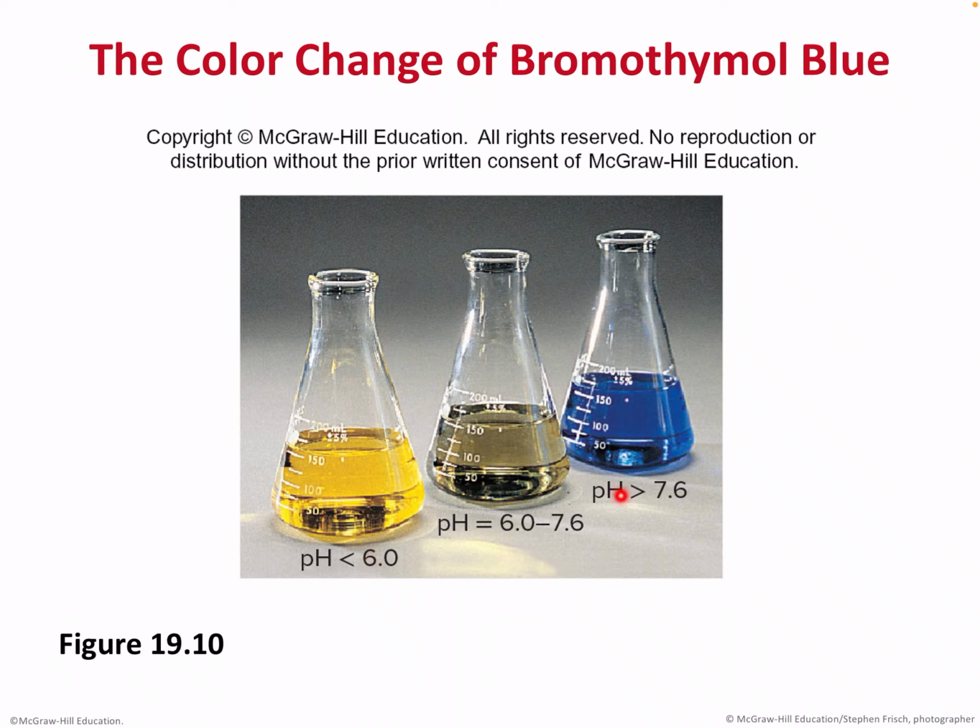Greater than pH 7.6, it would be blue, and then in between you have this color. So you have an idea what are the changes in the color of the indicators. Okay, so we use this to monitor the end point and the equivalence point of a titration.